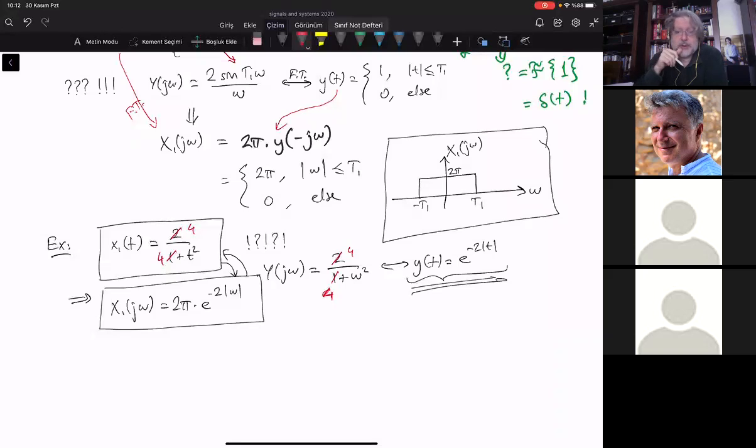But first we have to correct this because of the formula that corresponds to e to the minus a times magnitude t is actually 2a divided by a squared plus omega squared. So we have to use 4 in the numerator and 4 in the denominator. We have to make this kind of a correction first.